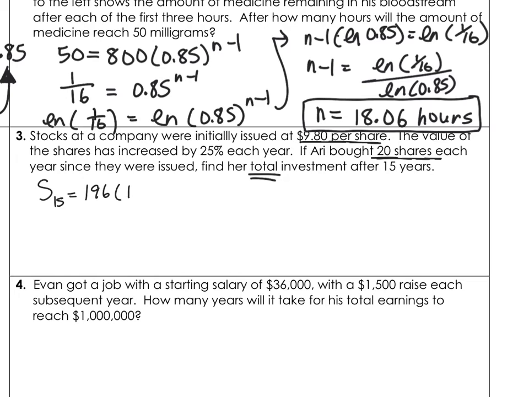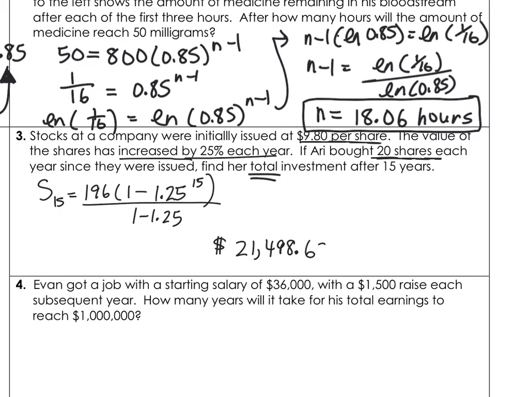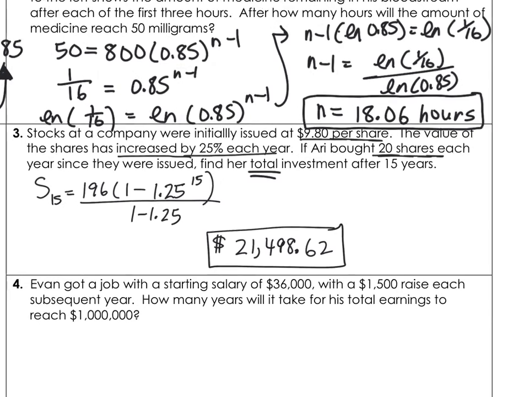And then that would be 1 minus 1.25 to the 15, because it's 15 years and it's increasing by 25%, over 1 minus 1.25. Again, you just got to know where these numbers come from and the formula. So if we plug all that in our calculator, you should get 21,498.62. So if it's money, make it look like money. 2 numbers after the decimal, all that good stuff.